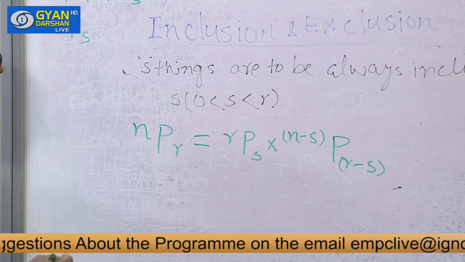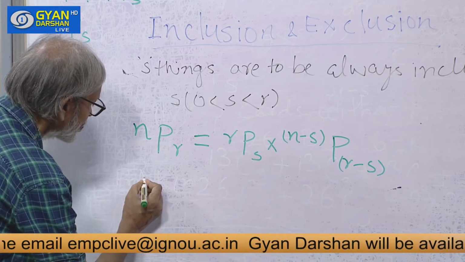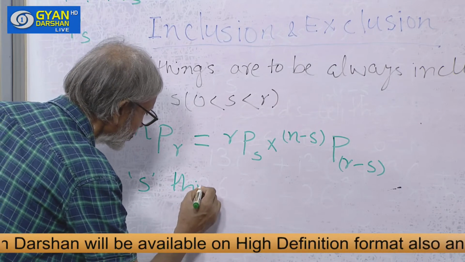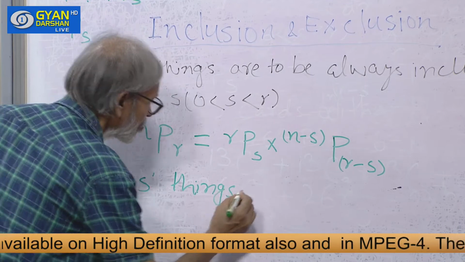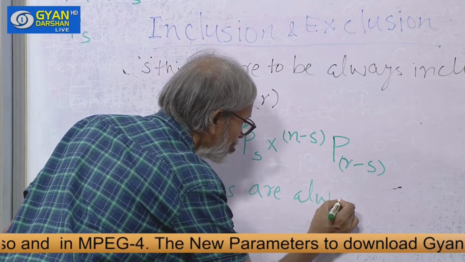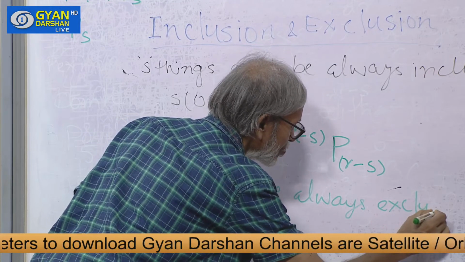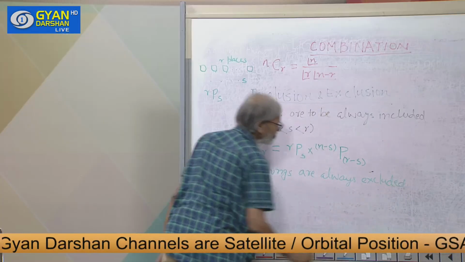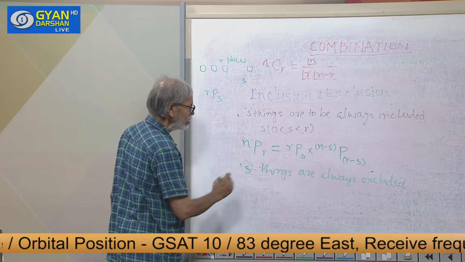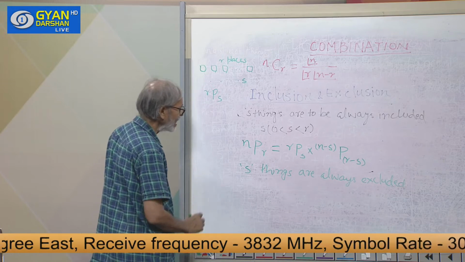Now, the next condition for exclusion, suppose that s things are always excluded. What will be the number of ways in which we can arrange the things?